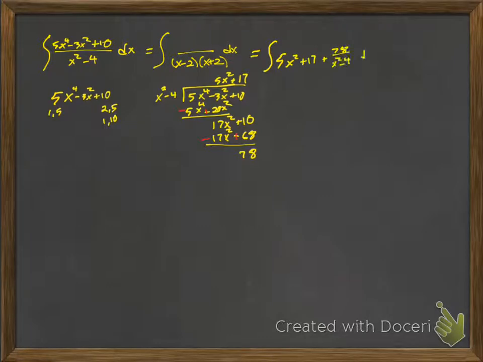It's that quotient, 5x squared plus 17, plus remainder over divisor. And therein lies the rational function, 78 over x squared minus 4, that has a constant on top and a factorable denominator with linear factors. And that's ready for the decomposition.